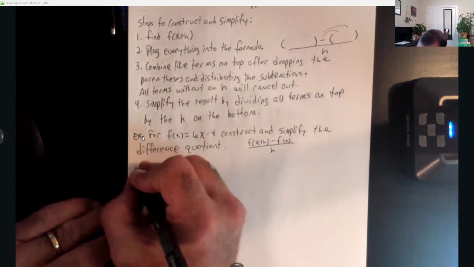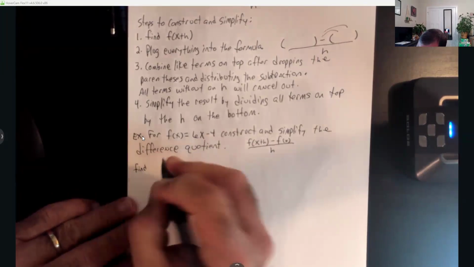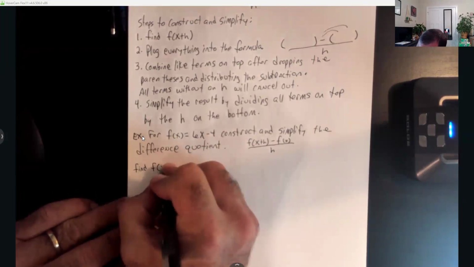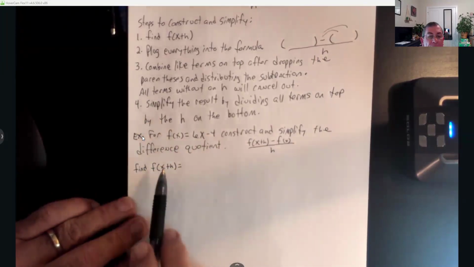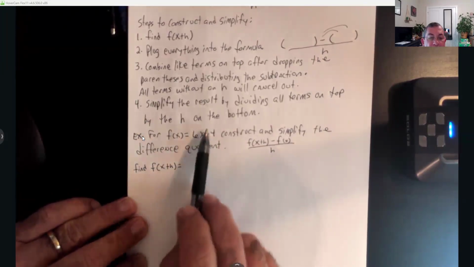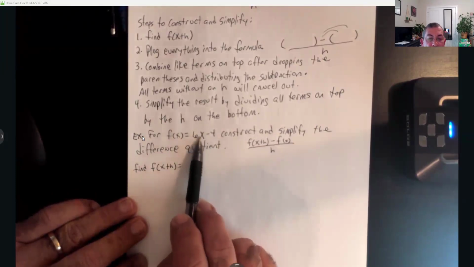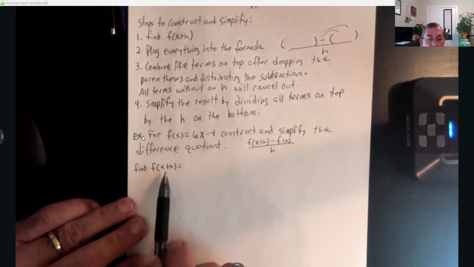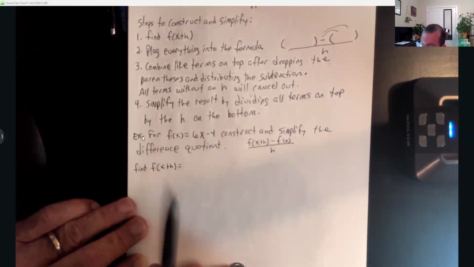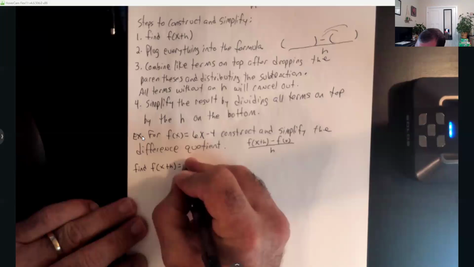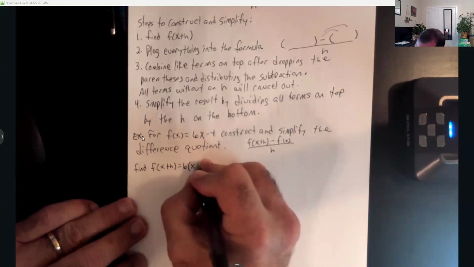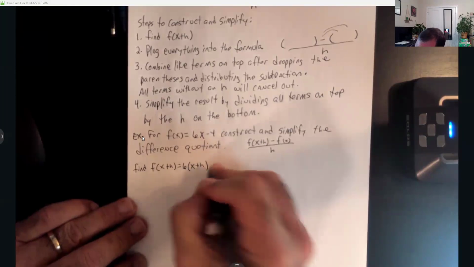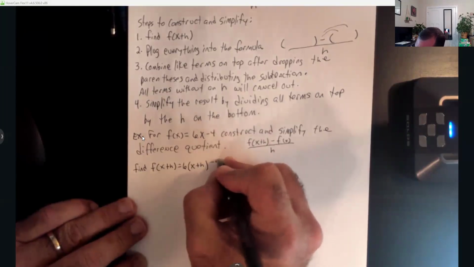So the first thing we're going to do is find f of x plus h. To find f of x plus h, we take our original function, and where they got an x, we're going to put in x plus h. So that's going to give me 6 times x plus h, and then minus 4.